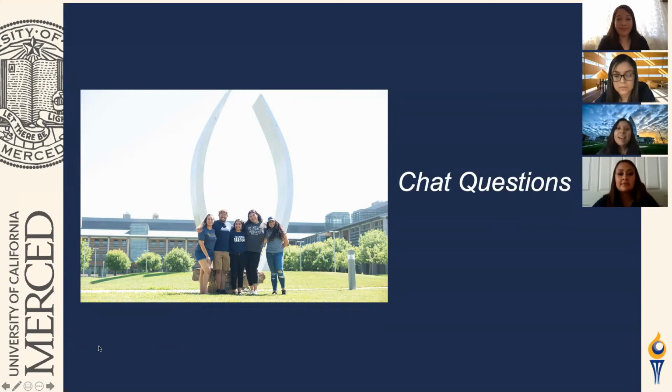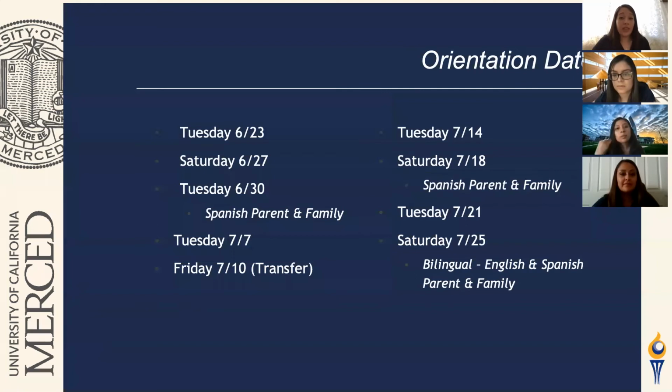Thank you. Next question is, can we please see the dates of the orientation again? Absolutely. Ricky, can you go back to the slide with the orientation dates, please? And you all can also find, thank you, Ricky. You can also find our orientation dates on our website, which is orientation.ucmerced.edu. On there, all the dates are listed.